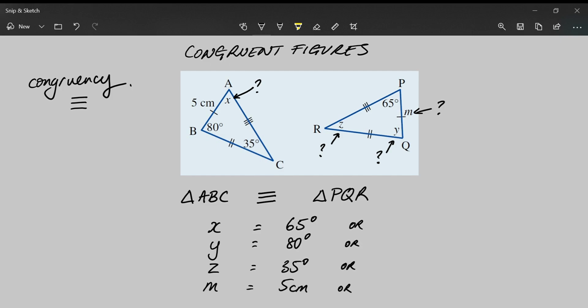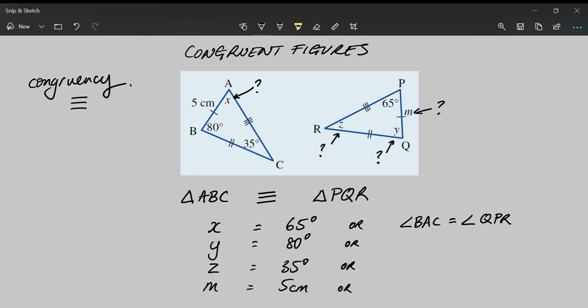So angle BAC is equal to, and remember B corresponds to Q, so it corresponds to QPR. So QPR is the same angle as BAC.